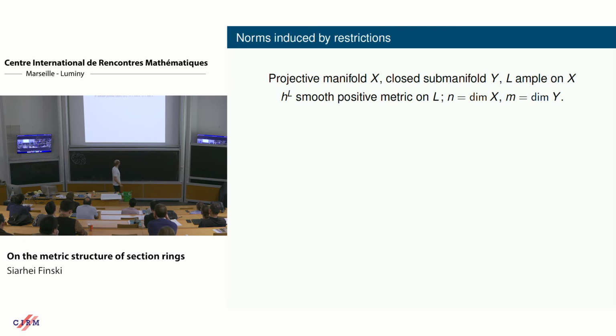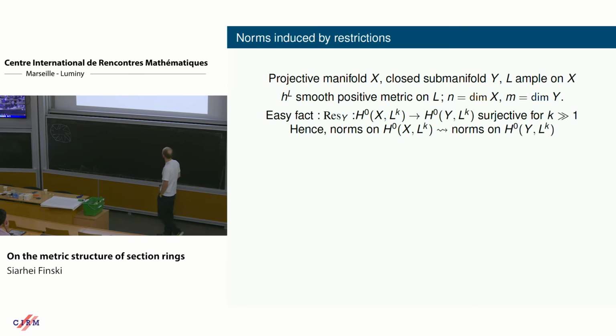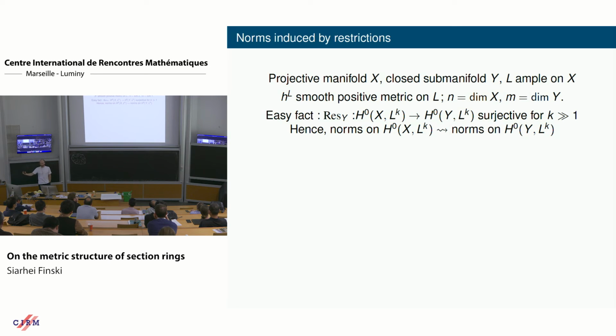So here I will fix a complex projective manifold X and a submanifold inside, and a smooth positive metric on the line bundle. Then, again, it's very easy to see that the restriction map going from the cohomology of the global manifold to the cohomology of the submanifold will become surjective at some point.